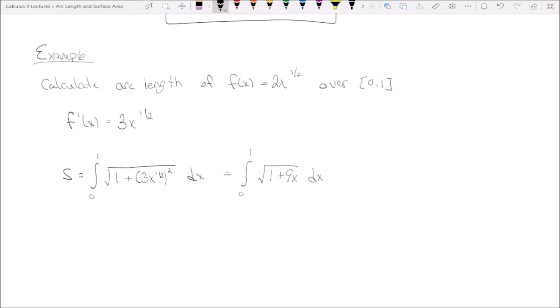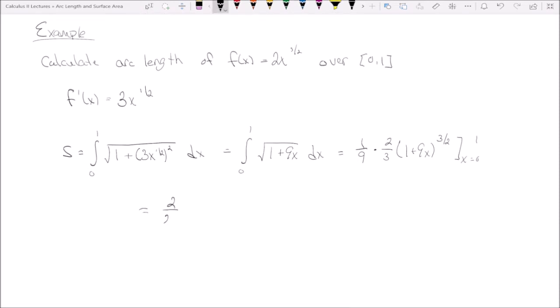This is a simple u substitution. We'll have 1/9 times a half times the quantity of 1 plus 9x to the 3 halves, and that'll be evaluated from x equals 0 to 1. I'm sorry, that's not 1/2. That should be 2/3. Yes.